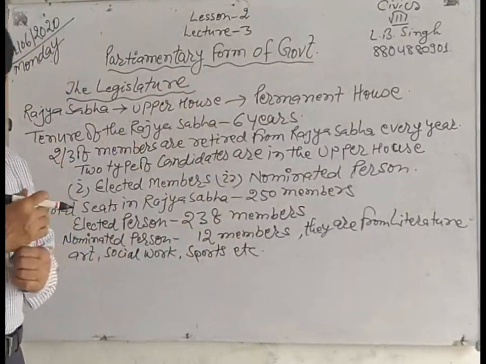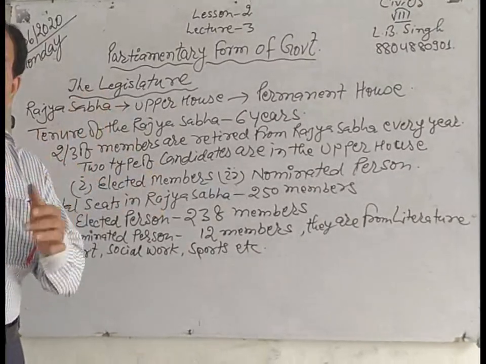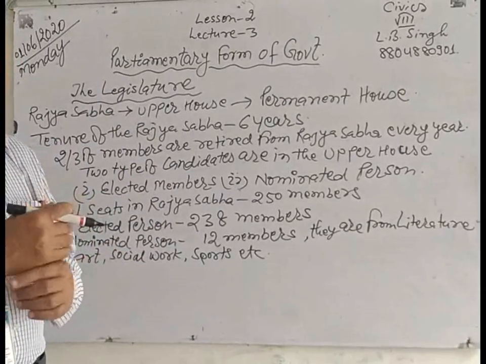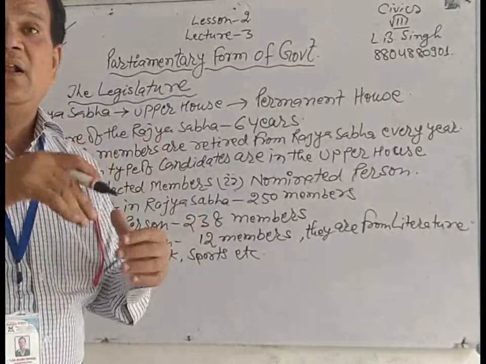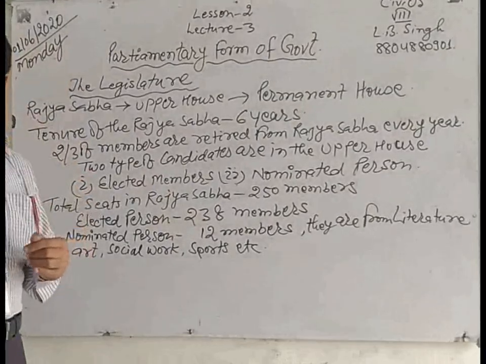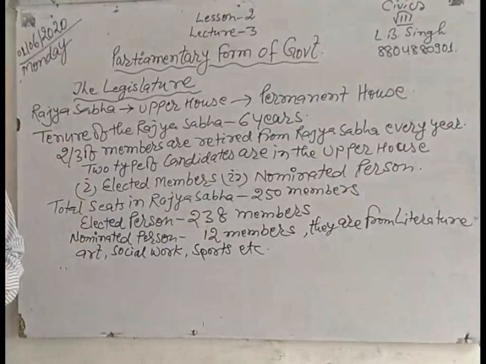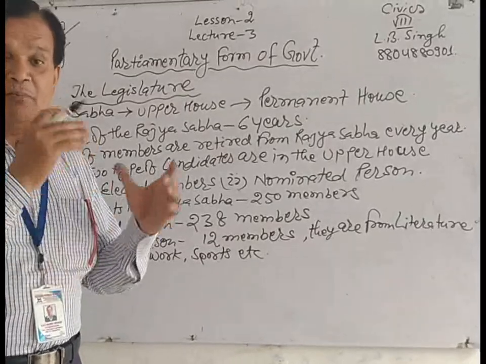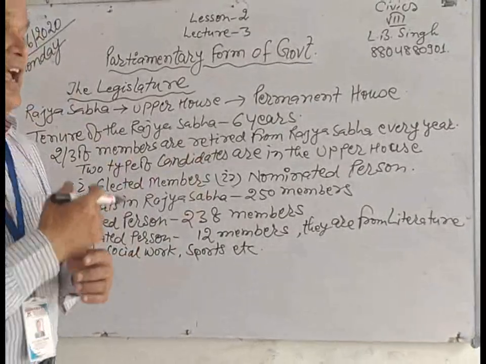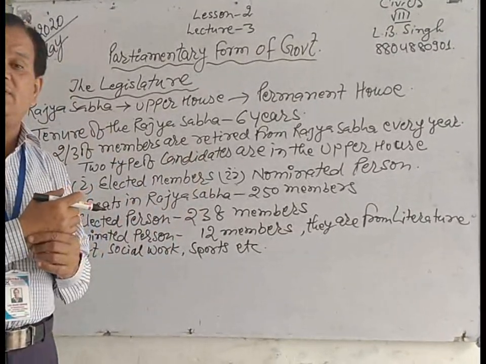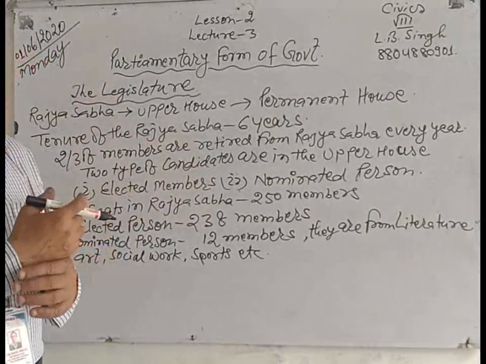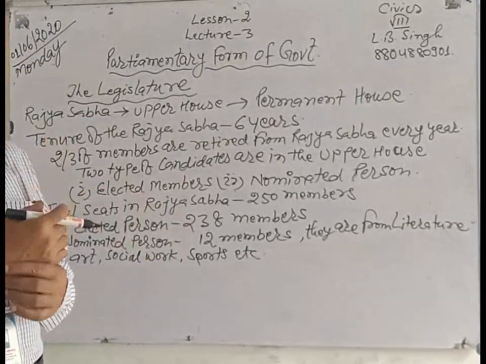And this house, when any bill or law is passed by the Rajya Sabha, then that bill goes to the President of India. After the signature of the President, that bill becomes the law for the country, and that law is implemented by that particular department in the country.